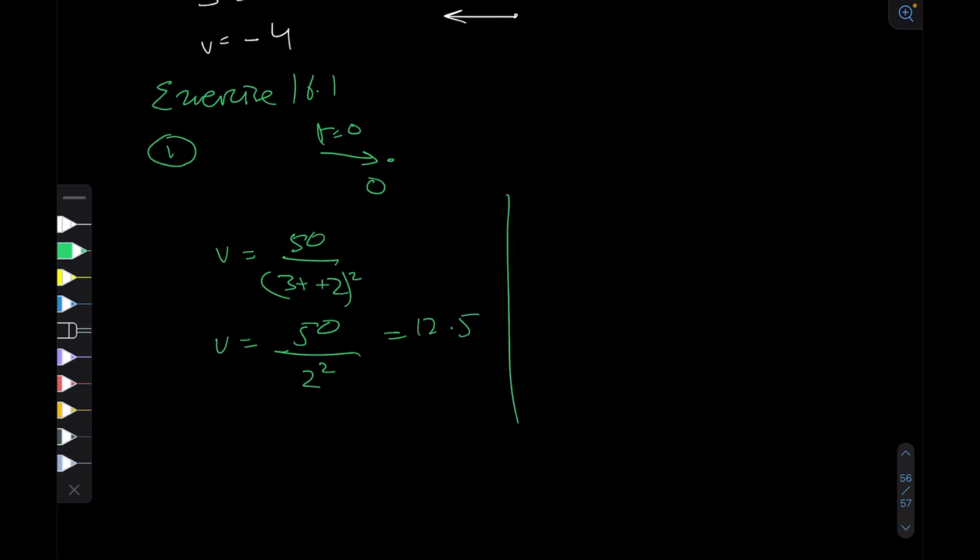Next, it asks us to find the value of t when the velocity is equal to 0.125 meters per second. So if this is the formula for velocity and I want it to be equal to 0.125, then I will simply cross multiply, and this would be 0.125 times (3t plus 2) squared.